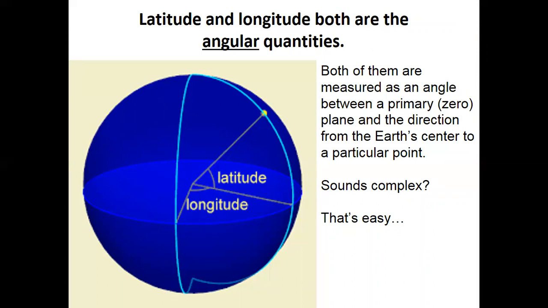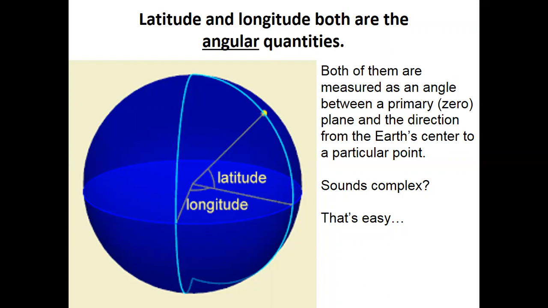Both latitude and longitude are angular quantities. They are measured as an angle between some primary or zero plane and the direction to a particular point on the Earth's surface.